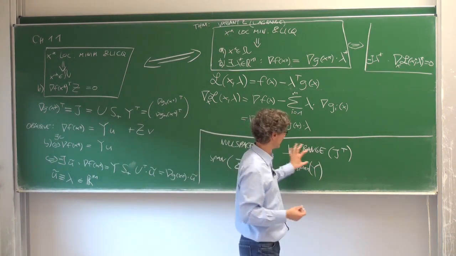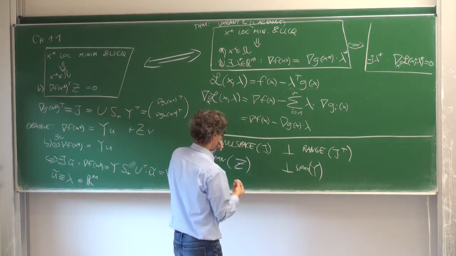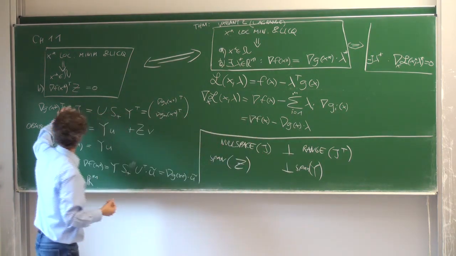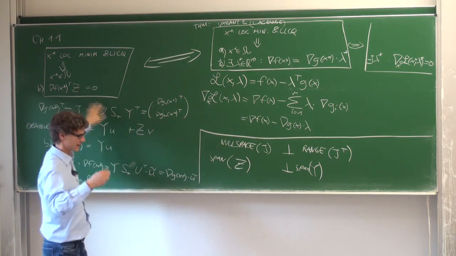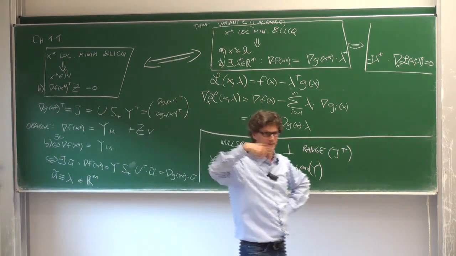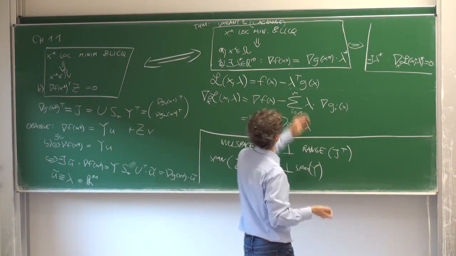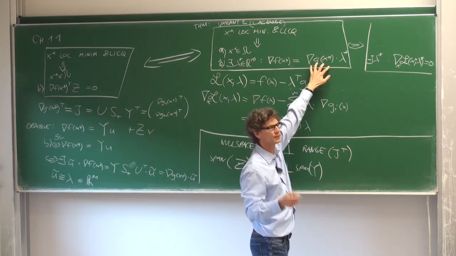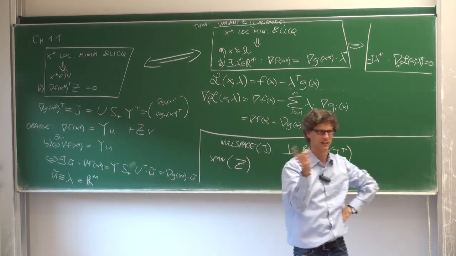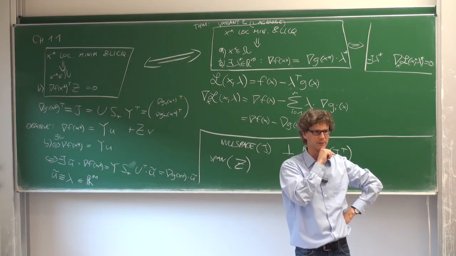And that is the fact that allowed us to state that, first of all, what we said is that this nabla f is orthogonal to every vector from the null space. And that is equivalent to saying that the nabla f can be decomposed as a linear combination of the vectors of the range space of the transpose. Okay?